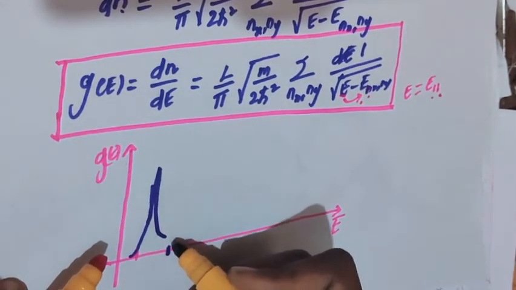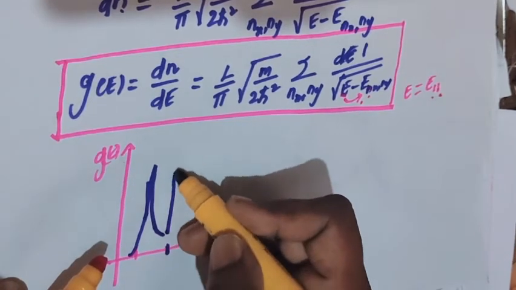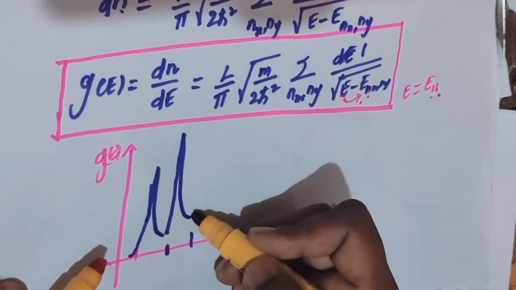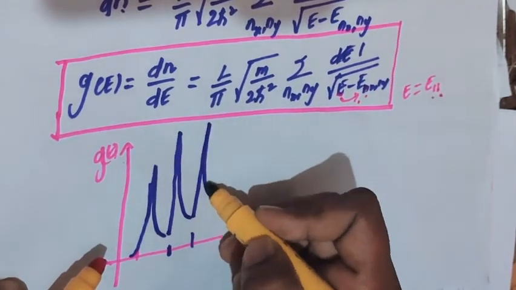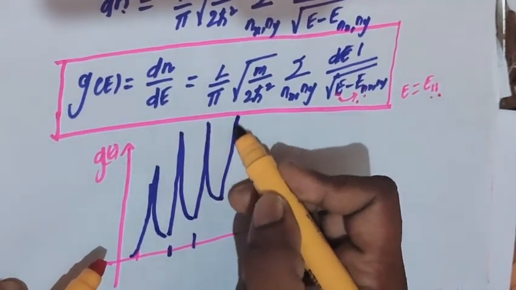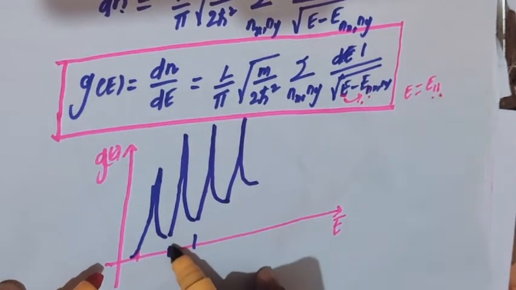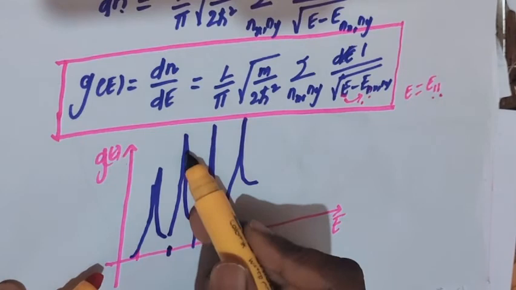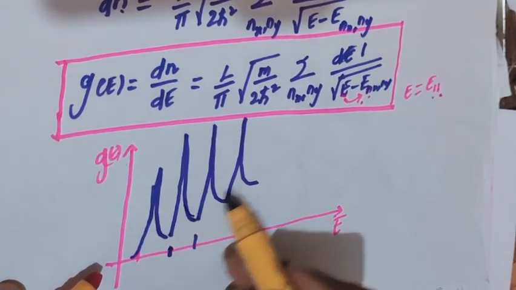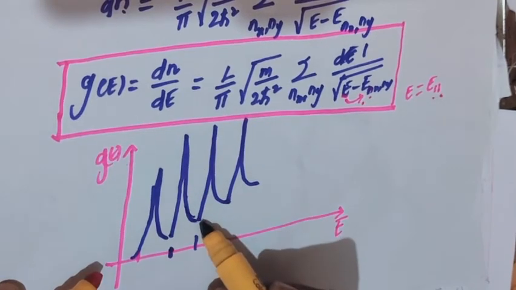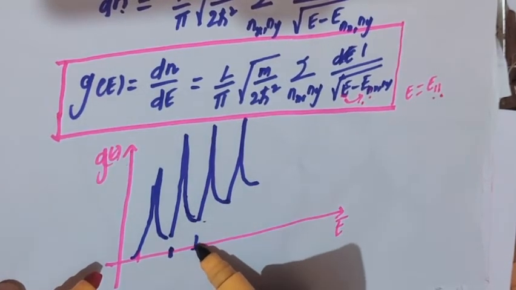At the next energy level, again it will suddenly shoot up, then it goes to the next excited state, and again a sudden shoot up. Then the density of states will look like that. For each nx, ny value you can see the sudden shoot up, and after that it decreases as a square root function.